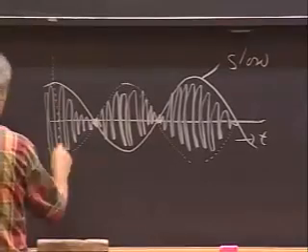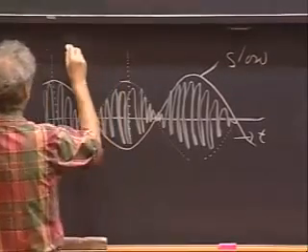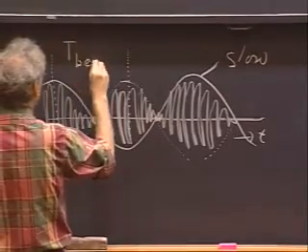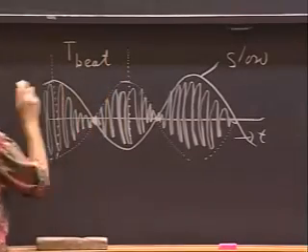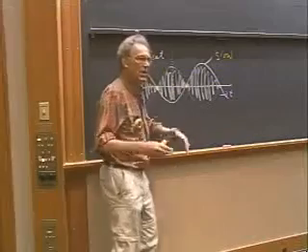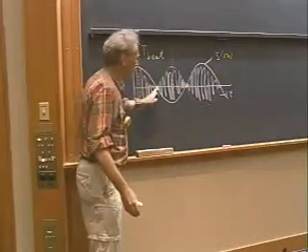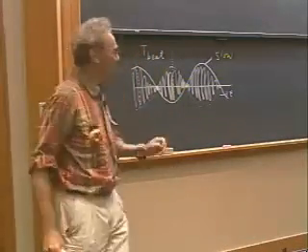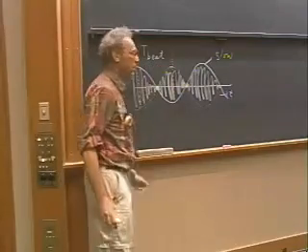We define, that is just a matter of definition, we define this as the beat period, when the two are in phase, and here they are again in phase. The two are here 180 degrees out of phase. We define this as the beat period.